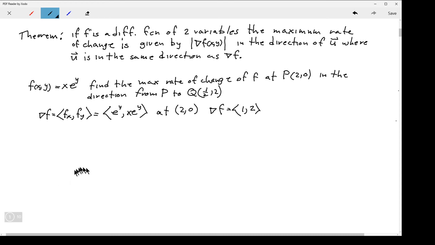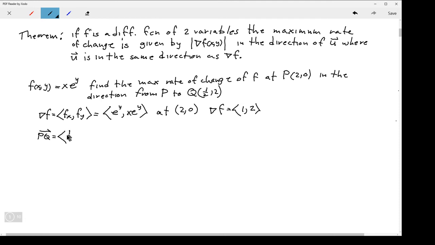Now I need to get my directional vector, that's my u. I have to start out with the vector PQ, because we're going from P to Q. Dig up out of your brains how to do that: we do Q minus P, coordinate by coordinate. I'll write it down just because we haven't done it for so long.